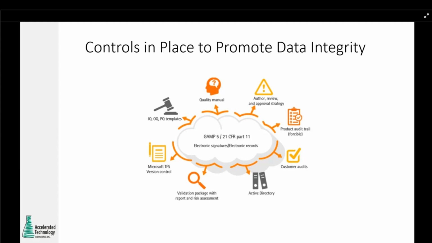Microsoft Team Foundation Server with version control for any code that's been added, and this is all enforcing electronic signatures as well as GAMP5.